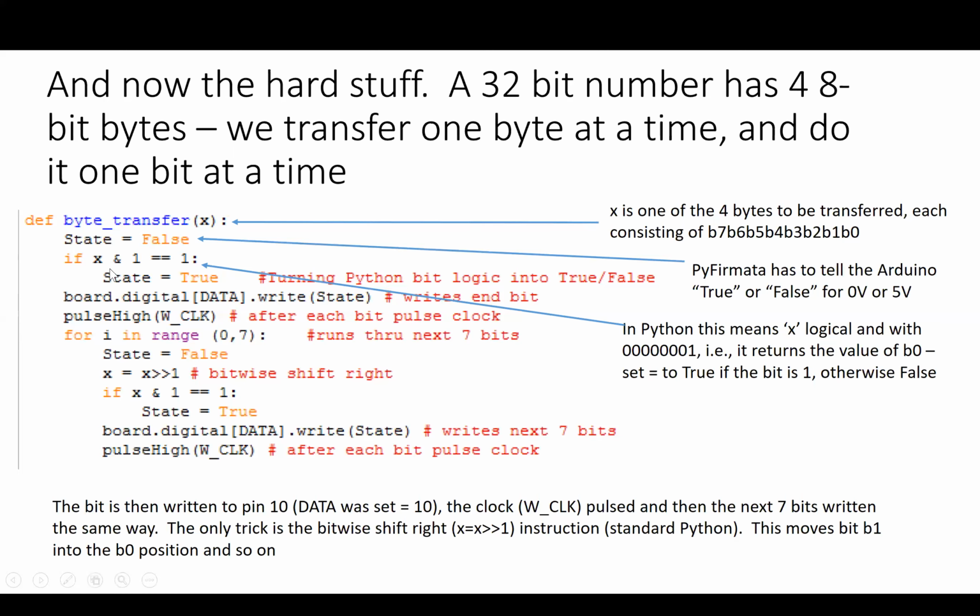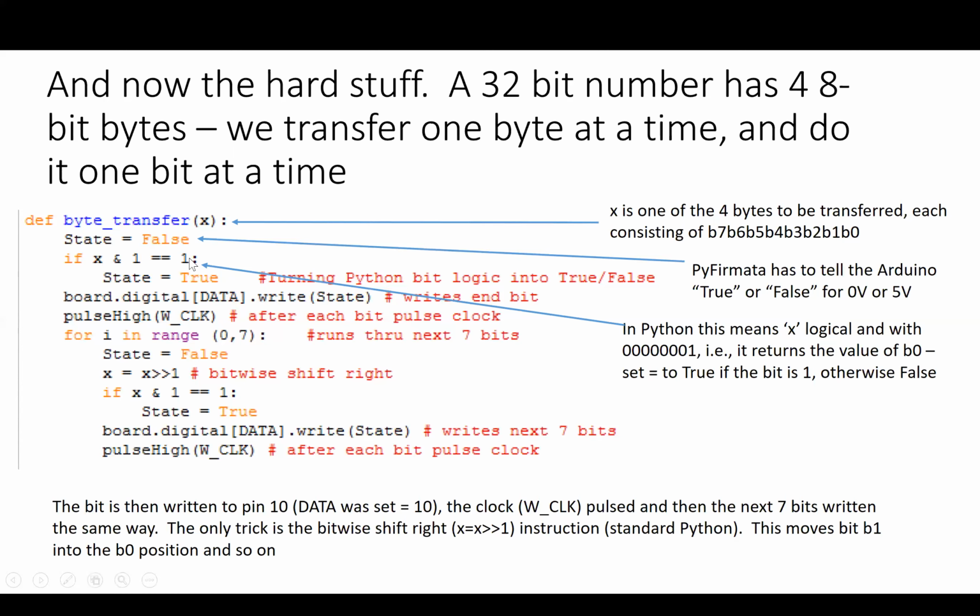So I take X and I AND it with 1. Now 1 in binary is all zeros with the least significant bit being set to 1. So I take the full byte here, I AND the least significant bit with a 1, and if indeed it is equal to 1, then state is set equal to true.